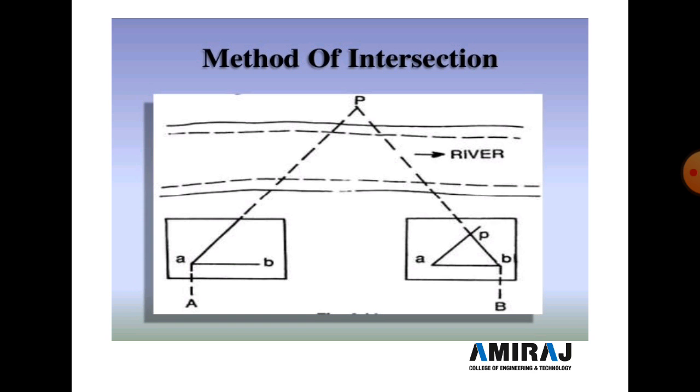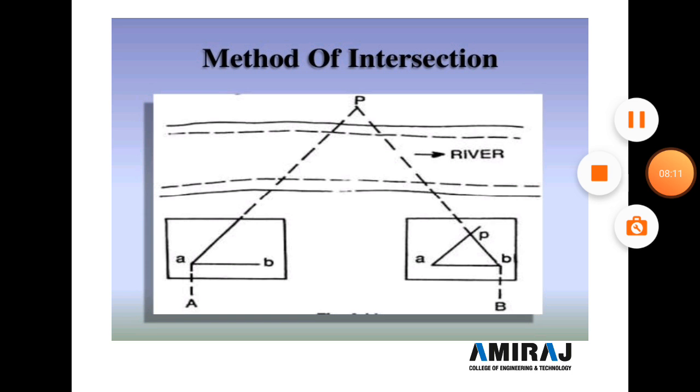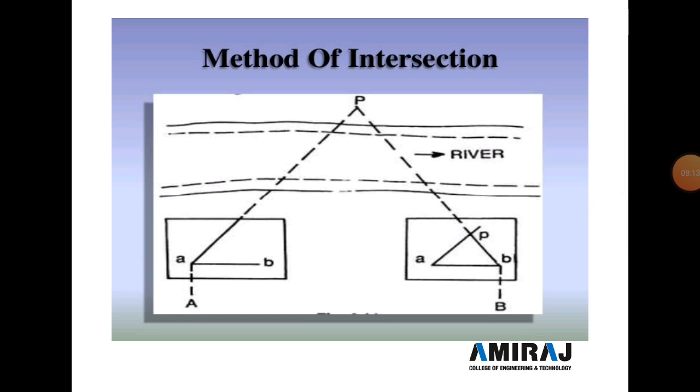Now the procedure is the same: leveling, then centering and orientation. These three steps are compulsory on a point. So first we set up the plane table on the point. Then the plane table is perfectly leveled, and we check that it is level using the level tube.